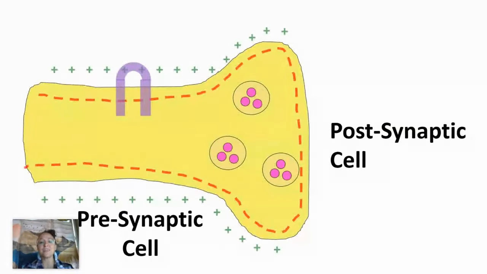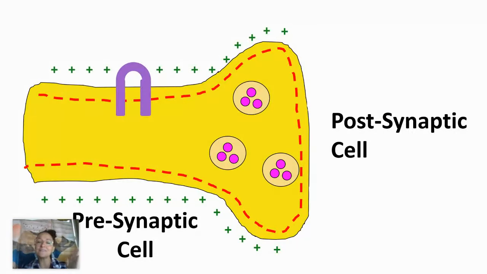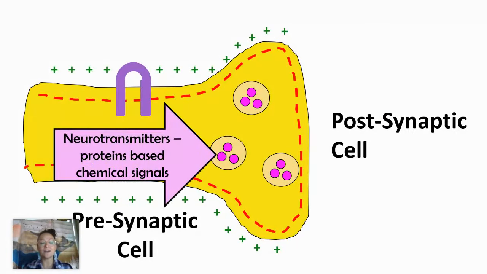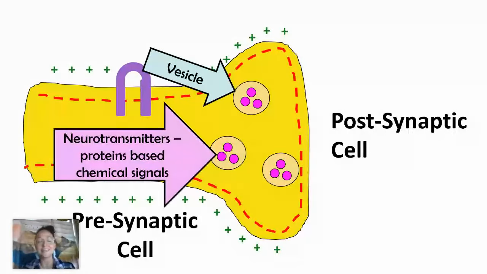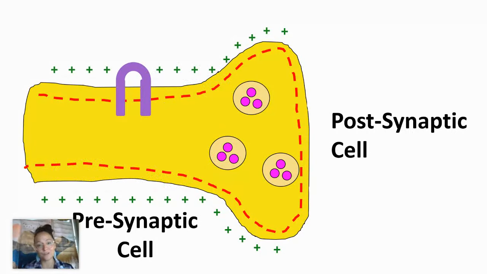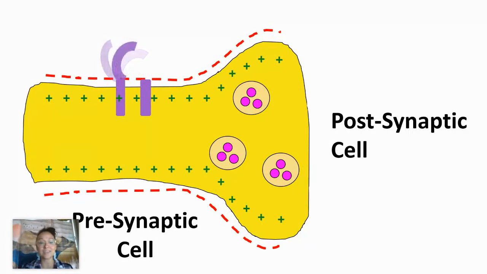When we look at how they communicate, at the end of the presynaptic cell there are protein-based chemicals called neurotransmitters. These are the ligands, the signals that the neurons will use to communicate with the next cell. They are stored in little vesicles at the end of the neuron. When that neuron receives a signal that it needs to communicate, calcium will trigger the release of these neurotransmitters, these chemical signals, into the synapse. The calcium flowing in and the charges is a whole other video that we're not really concerned about right now.